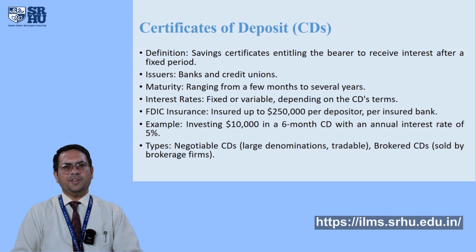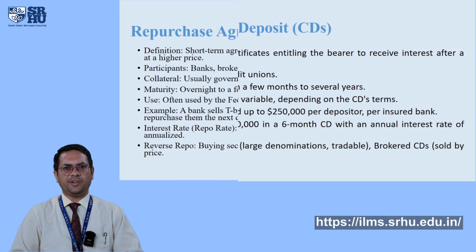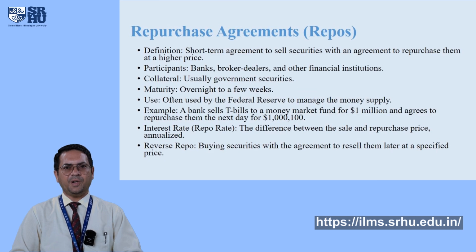And yes, CDs are insured by the FDIC up to $250,000 in the US per depositor per insured bank, making them relatively safe investments. Now, our next instrument of the money market is slightly more complex but equally important, that is repurchase agreements, commonly known as repos.